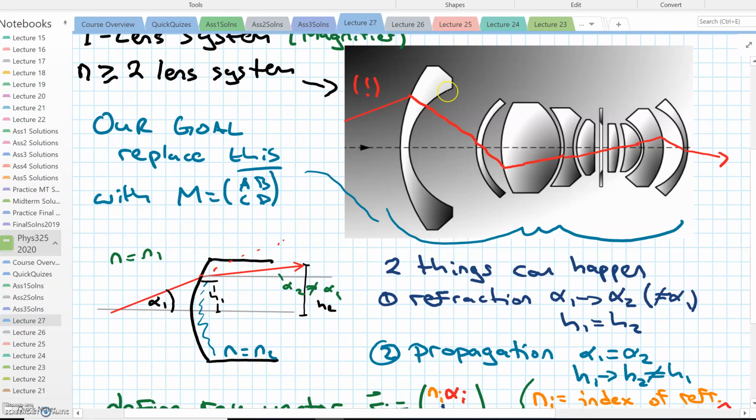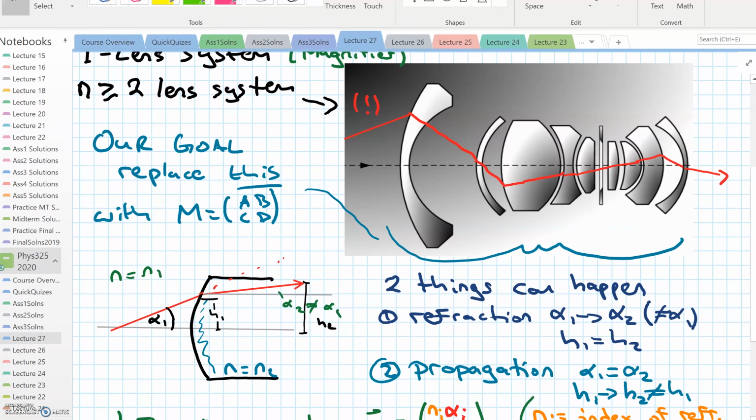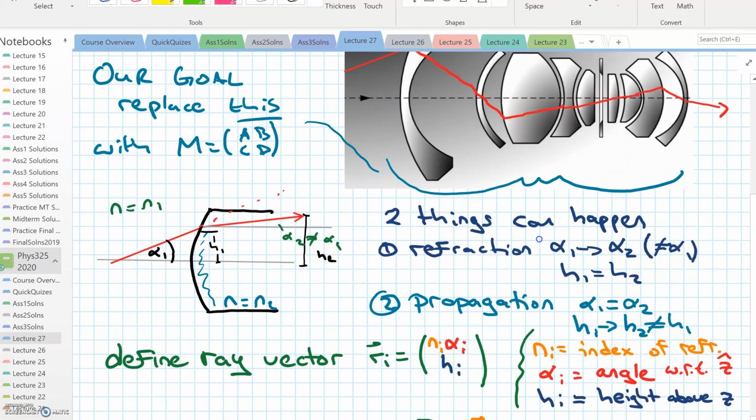Well, we're going to have a refraction, followed by a propagation, followed by refraction, followed by a propagation, followed by refraction, followed by a propagation, etc., all the way down the line. And each one of those is a 2x2 matrix. If you multiply 1,000 2x2 matrices together, your answer is a 2x2 matrix. That's what we're going to do. So let's go about working out what some of those matrices are. There's only two of them.